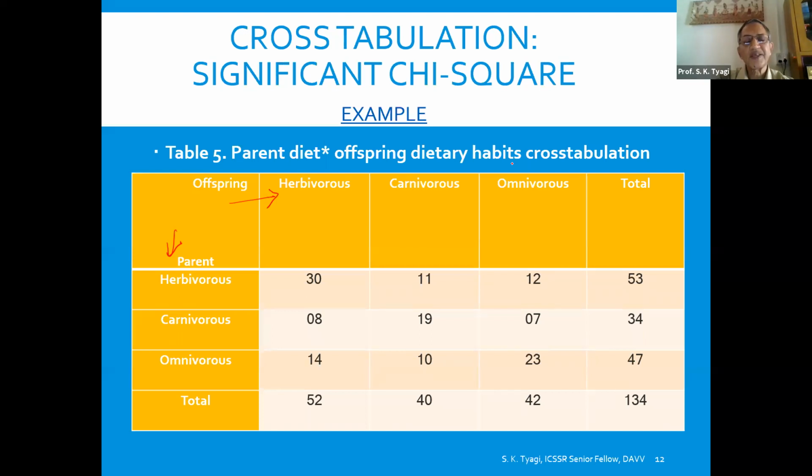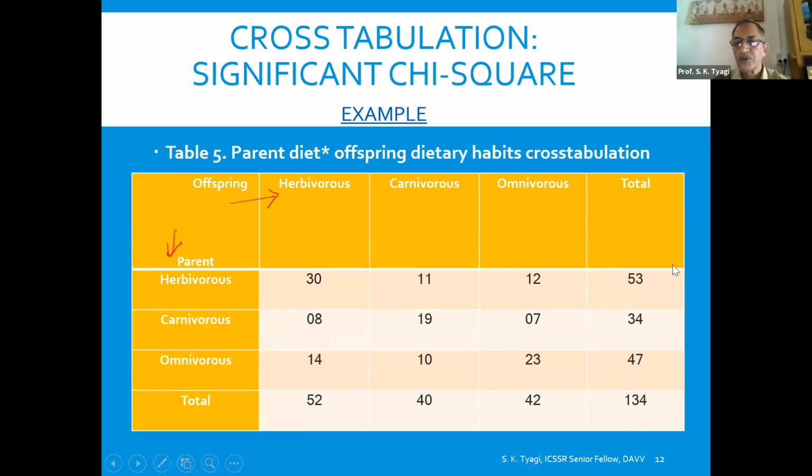I am vegetarian, my son may be carnivorous or non-vegetarian or relishing both. Does this data show any relationship? Is there any pattern? Or does the diet of the parent have no relationship with the diet of the offspring? This is the research question.